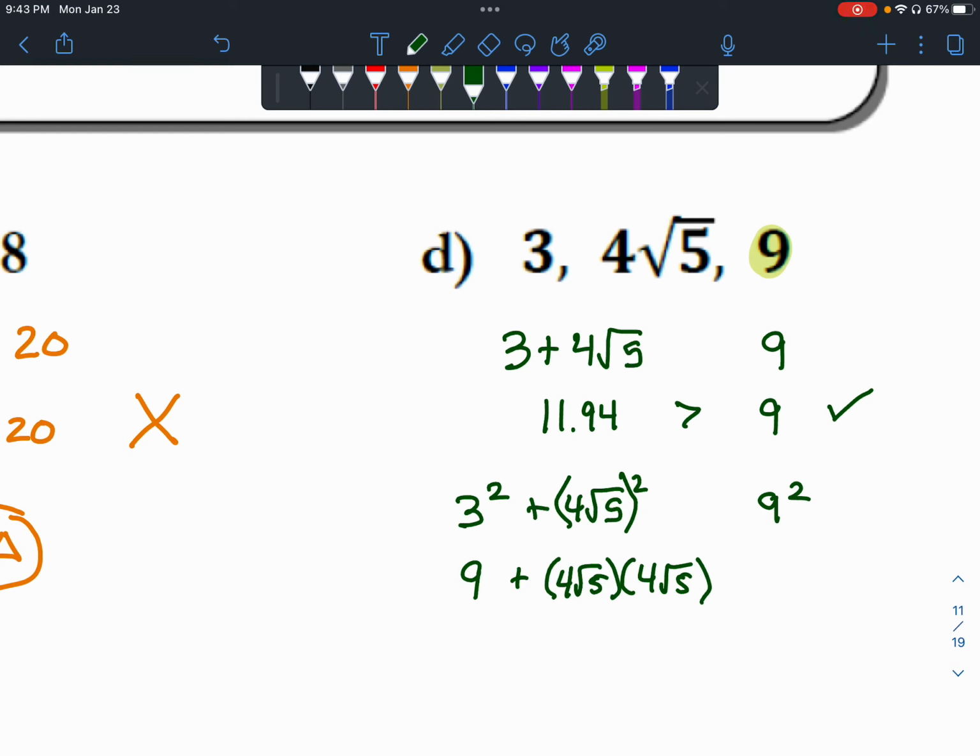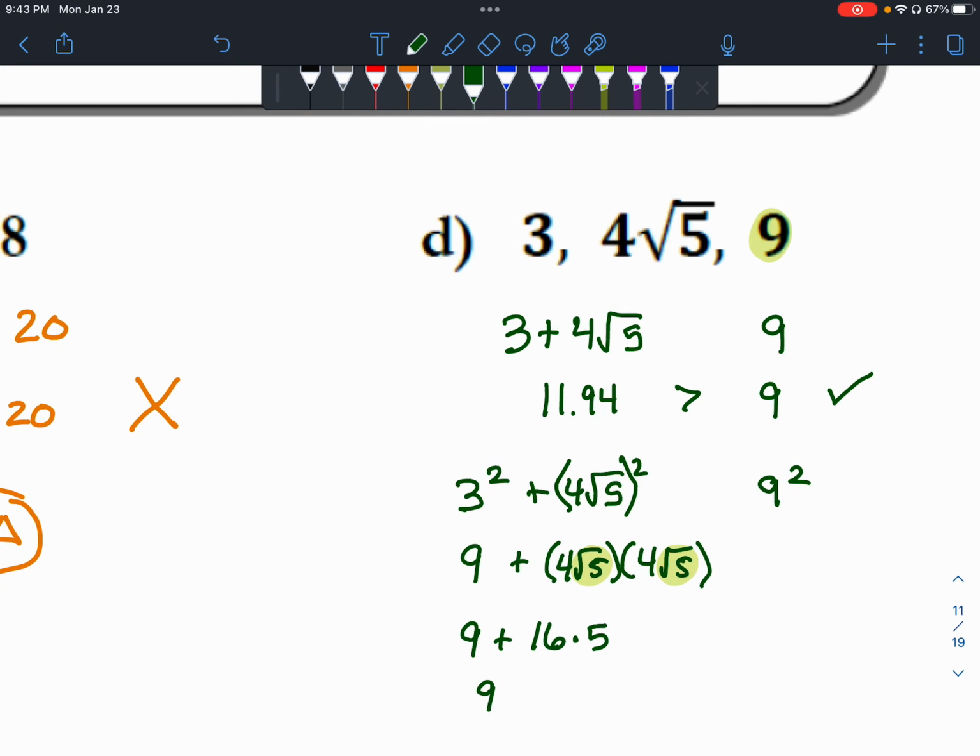So we do the insides times the insides and outsides times the outsides. So I end up with 16. And then I'm going to utilize that trick we learned earlier today, that when we multiply two of the same square roots together, you just get what is on the inside. We should end up with just 16 times 5.